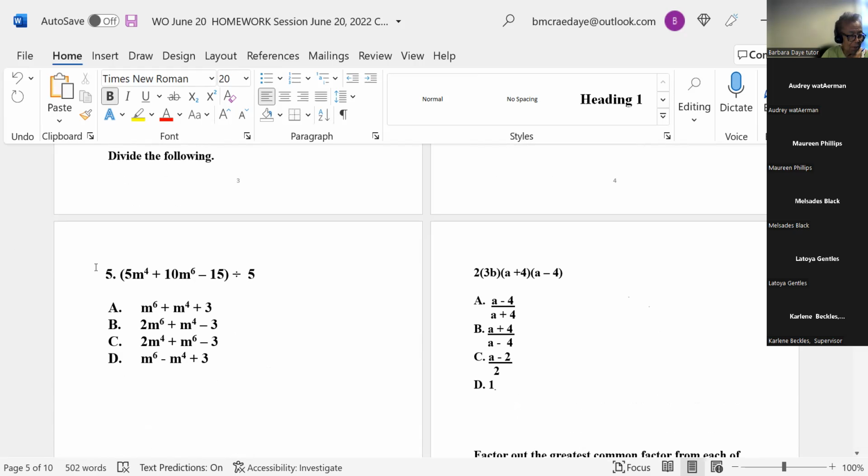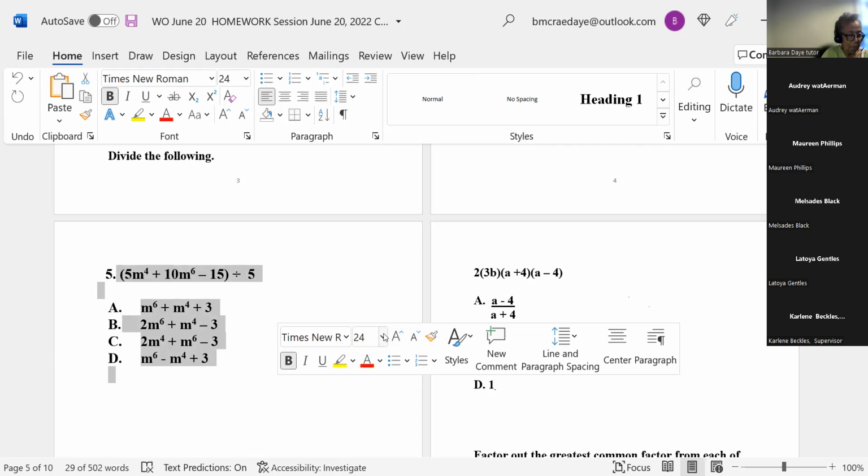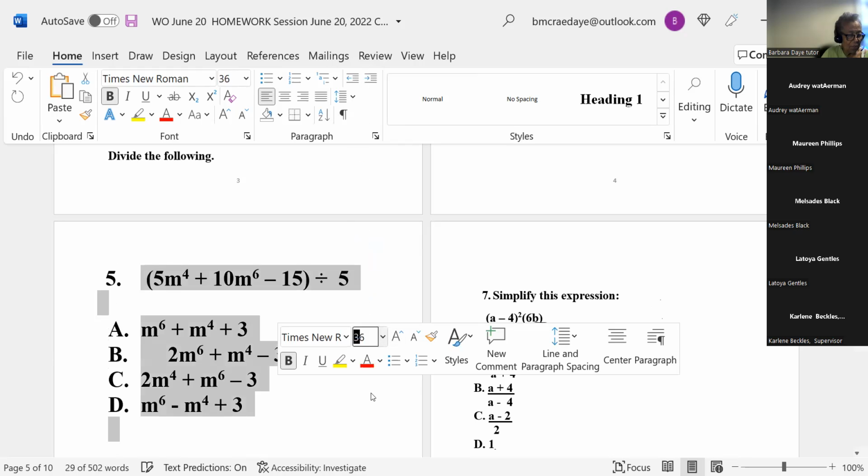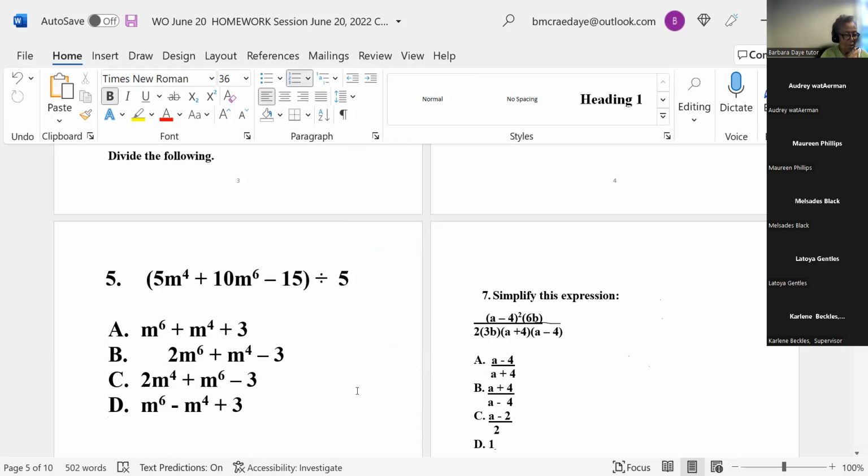Let me make it bigger. Okay, number 5. Here again, you're factoring. You've got 5m to the 4th, last time, the 6th, minus 15, divided by 5.